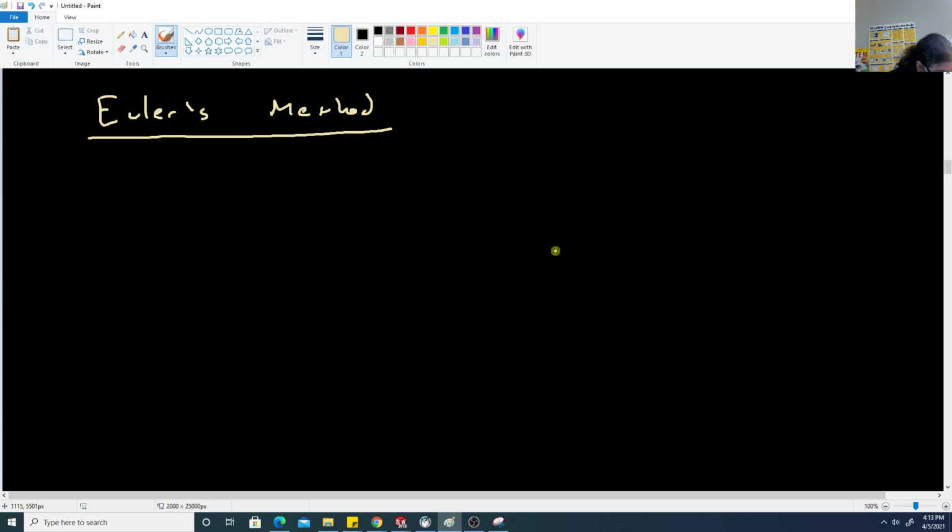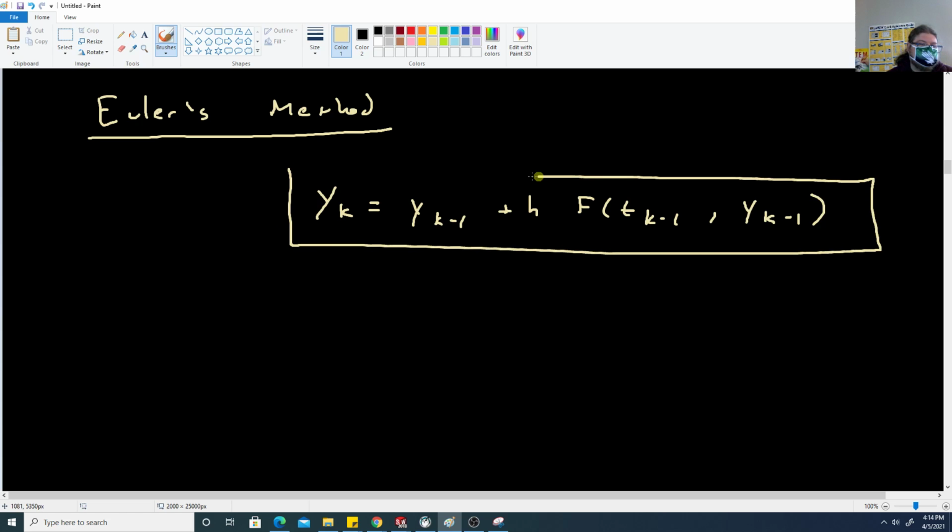And what this basically says is we're going to use this formula, y of k equals y of k minus 1 plus h times f of t of k minus 1, y of k minus 1. So basically what we're going to do here is define something h called a time step.